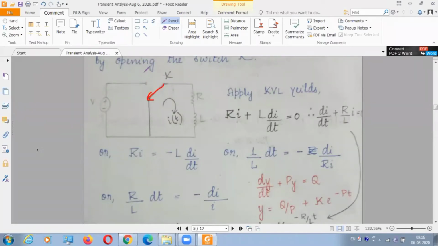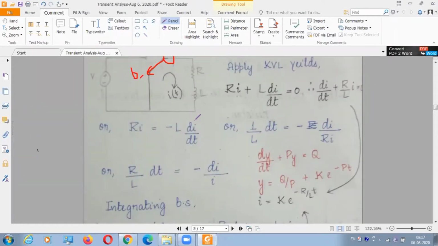Like yesterday's simulation, we used a switch S1 which had 2 fixed points A, B. So this is basically a single pole double throw switch, like yesterday we had used in simulation. One fixed point K, 2 throws A and B. When it is charging, this point is at A. When it is discharging, this is at point B.